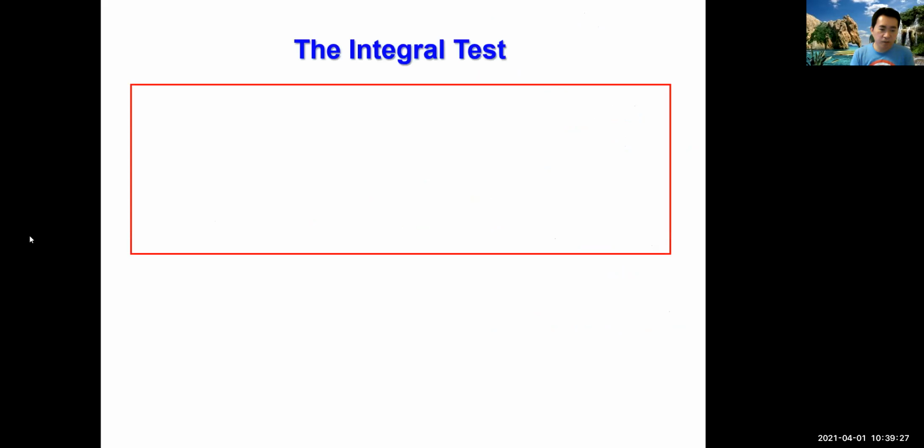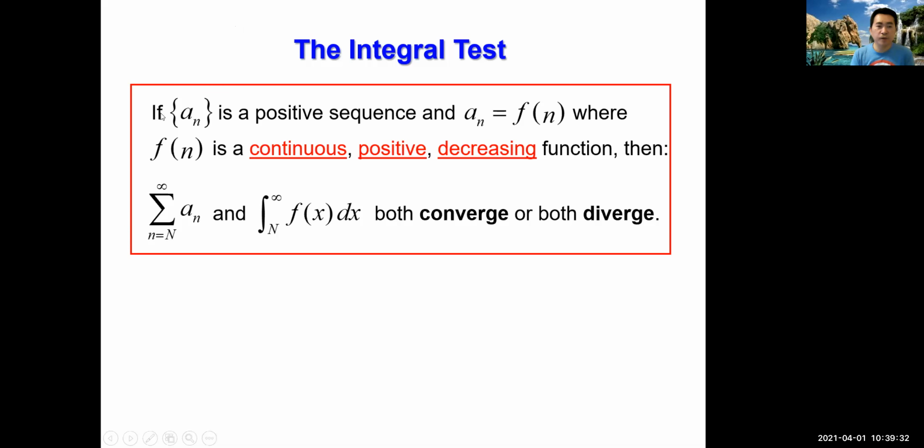If you look at the integral test, it's a statement. If a sub n is a positive sequence and a sub n equals f of n, with f a continuous, positive, decreasing function, then the series and the improper integral from N to infinity both converge or both diverge.